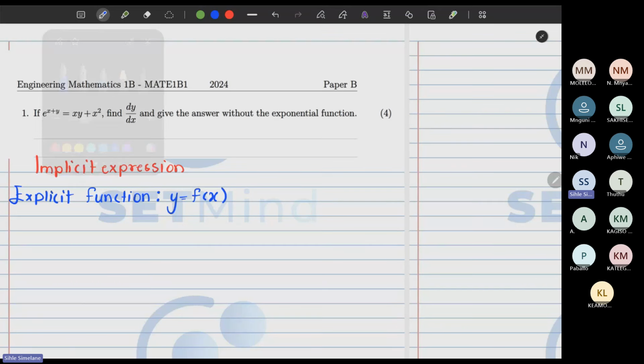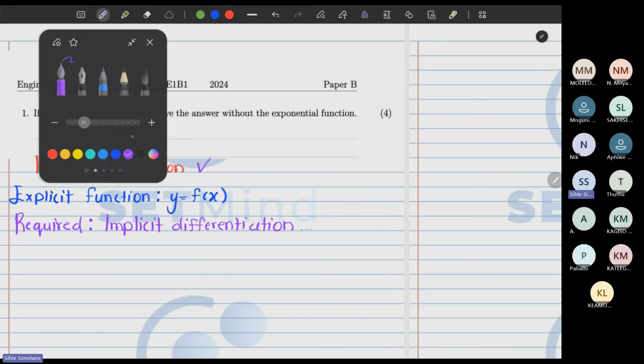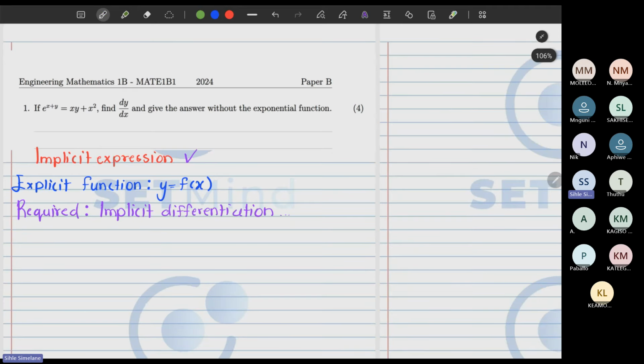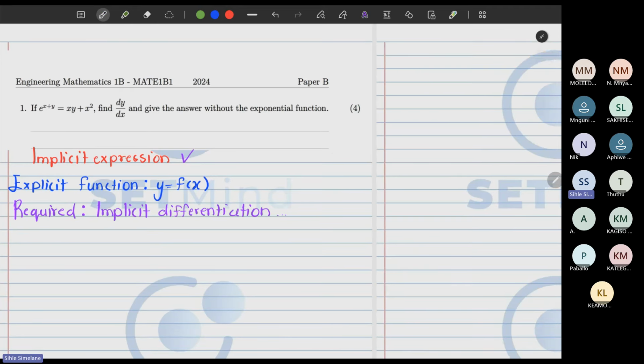It is rather an implicit expression, which means what is required of us here is what we learned during our course, implicit differentiation. So what we are going to do, guys, is differentiate the left-hand side and the right-hand side, and then eventually solve for dy/dx.